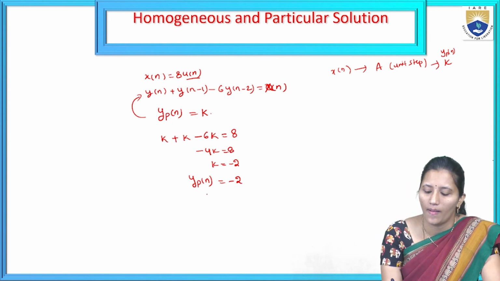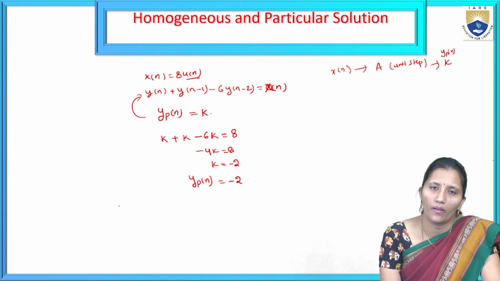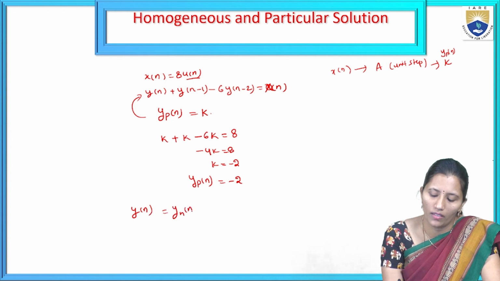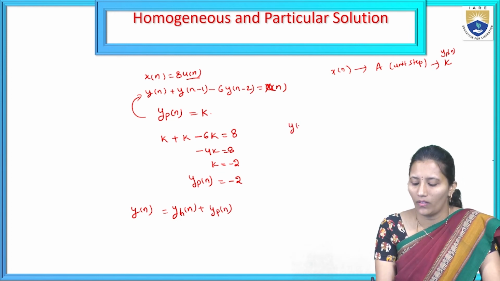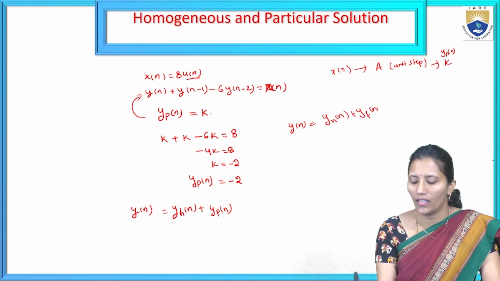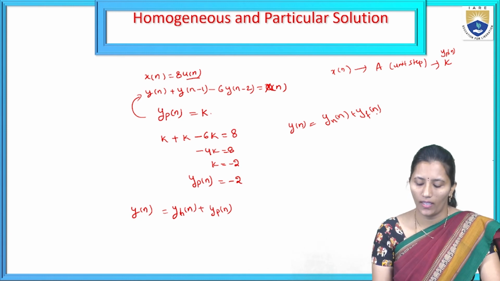If we want to find the total response of the system, y of n is equal to the homogeneous solution plus the particular solution. Or we can write y of n as the natural response plus the forced response. Here we find the homogeneous solution plus the particular solution.